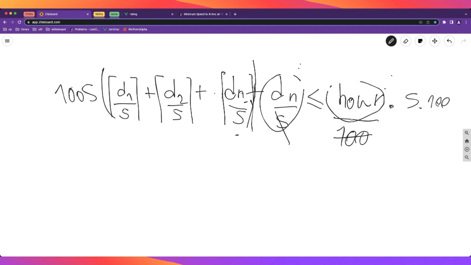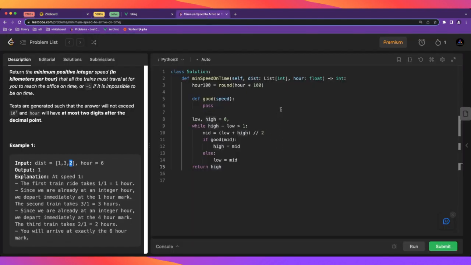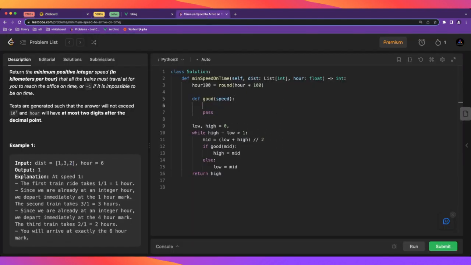And now we have a condition that only includes integers, and we don't have to worry about any precision. So let's see how this looks.